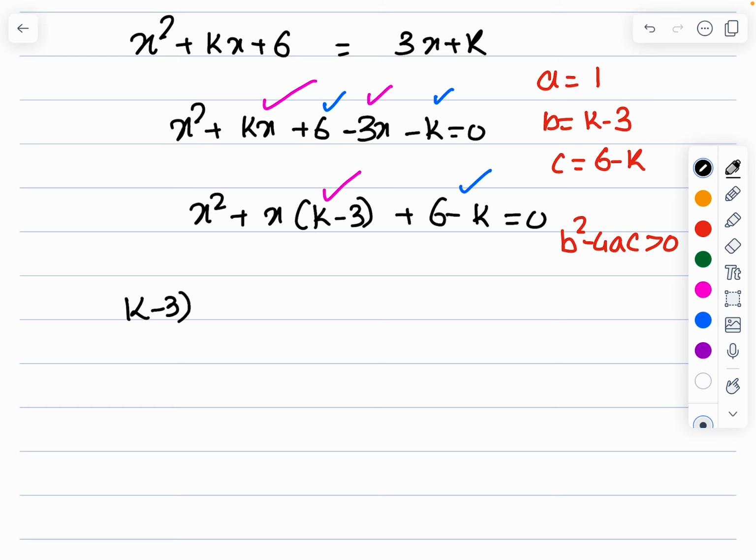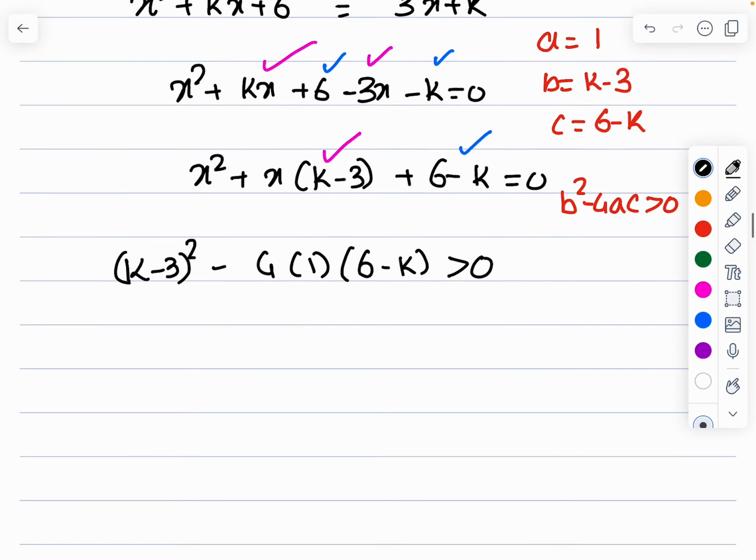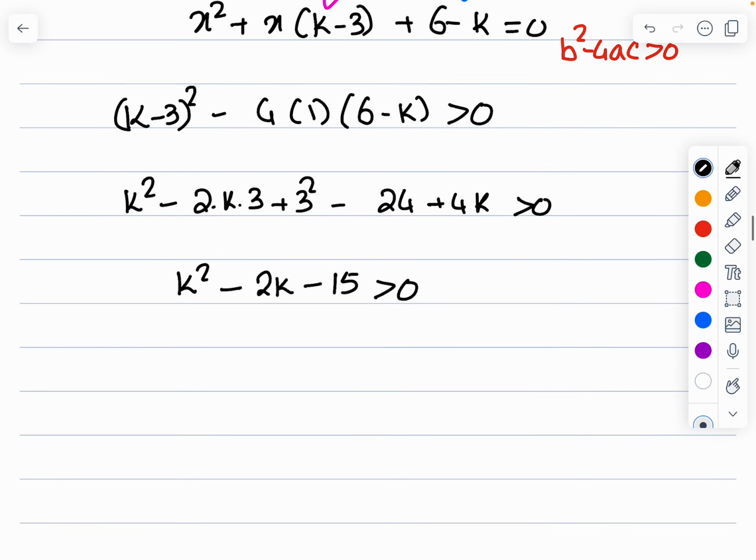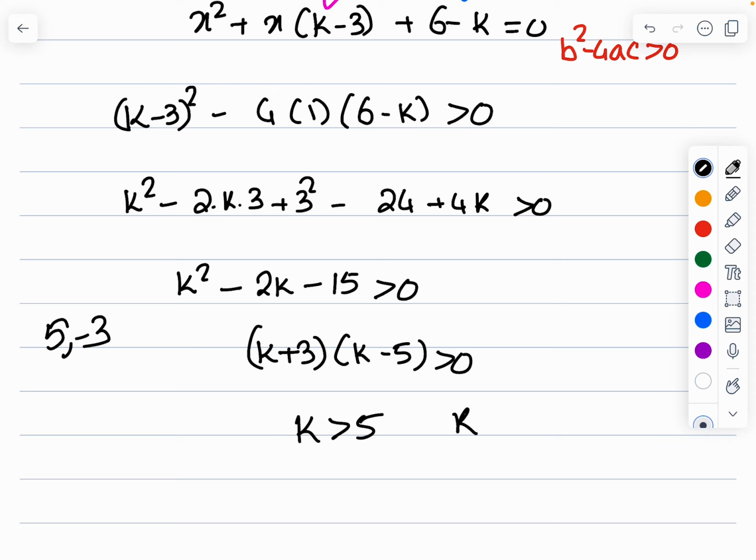So (k − 3)² − 4 times 1 times (6 − k) is greater than 0. k² − 2 times k times 3 + 3² − 24 + 4k is greater than 0. k² − 2k and 9 − 24, that is −15, is greater than 0. When I factorize it out, (k + 3)(k − 5) is greater than 0. The roots are 5 and negative 3. k is greater than the greater root, or k is lesser than the lesser root.